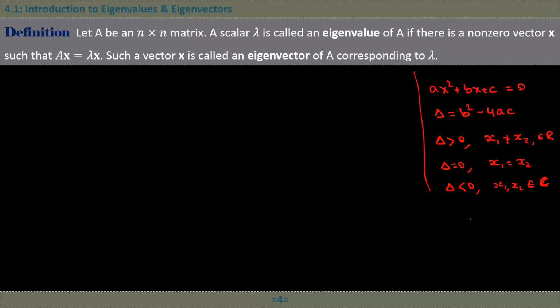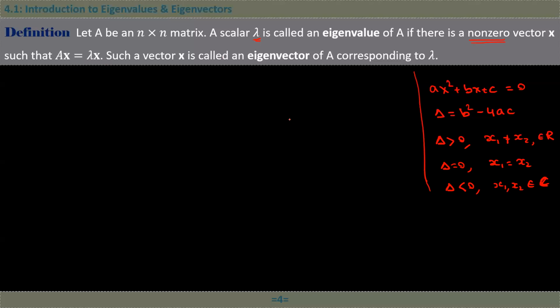Anyway, let's start with this definition first. It says: let A be an n by n matrix. So here we are talking about n by n matrices only. A scalar lambda, a real number, is called an eigenvalue of A if there is a non-zero vector x, and that's important, non-zero, such that Ax equals lambda x.